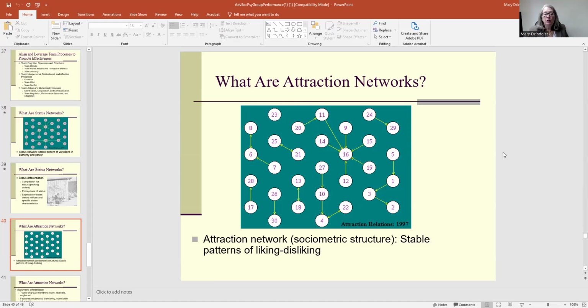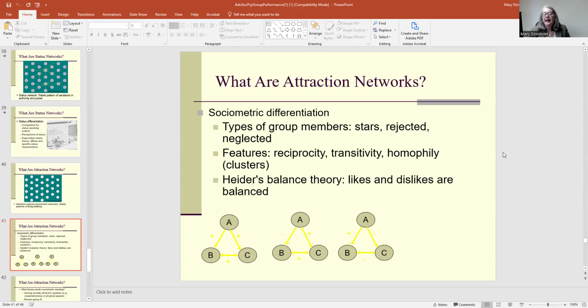So before you seem nice to anyone in particular, you want to really figure out what that attraction network looks like.